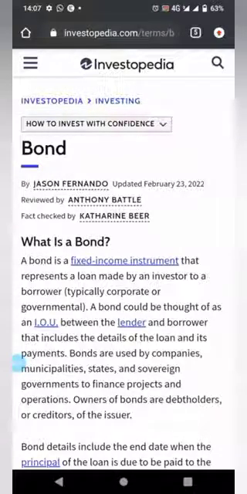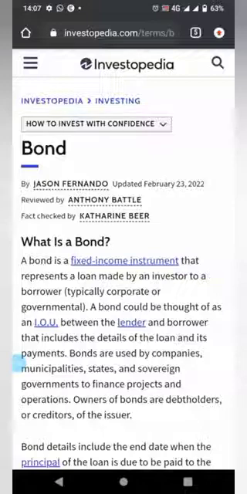So with a bond, there is usually an issuer. The issuer is the person who is borrowing money, and then there is an investor, the one who is lending money. The issuer or the borrower sells bonds on a periodic basis to investors who have money to lend out.